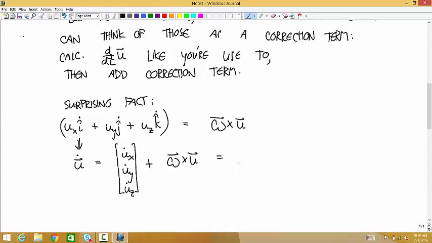I just keep writing this a couple different ways. So ux dot times i plus uy dot times j plus uz dot times k plus omega cross u.